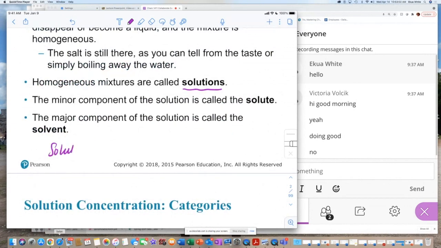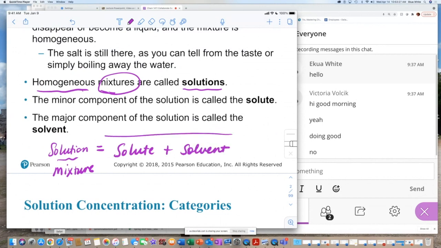A solution is what is made when you have a mixture. So a solution may or may not be a chemical reaction. The bottom line is you have to have a mixture, and it has to look uniform. So when it says here homogeneous, it means it's uniform. In a solution, you have a solute and a solvent.